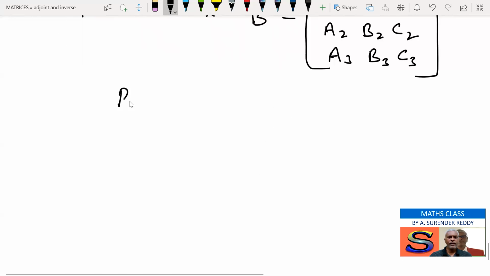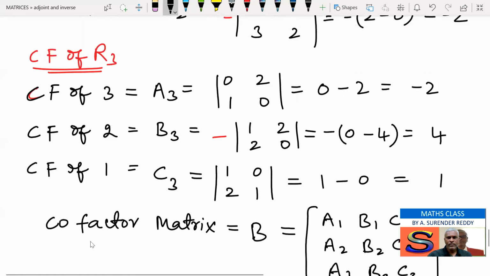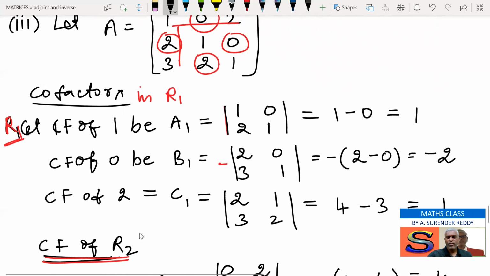So this will be A1, B1, C1: 1 minus 2 1. Look at this. First row 1 minus 2 1.